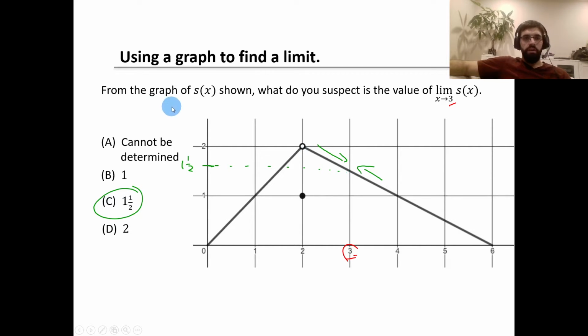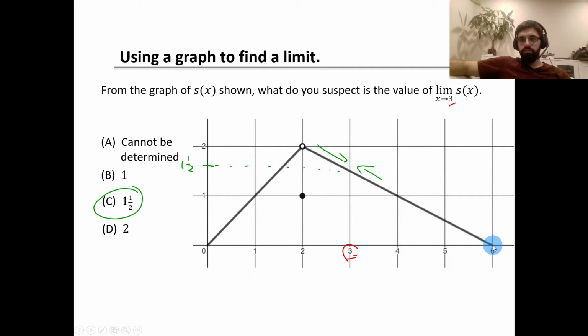So anyway, from the graph of s of x, what do you suspect is the value of the limit as x approaches 3 of s of x? Well, as we come from the left and work our way towards x equals 3, we hit this hole, and then we start coming down, and we approach the value of 1 and 1/2.